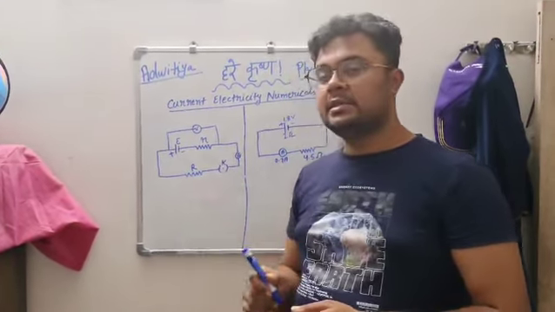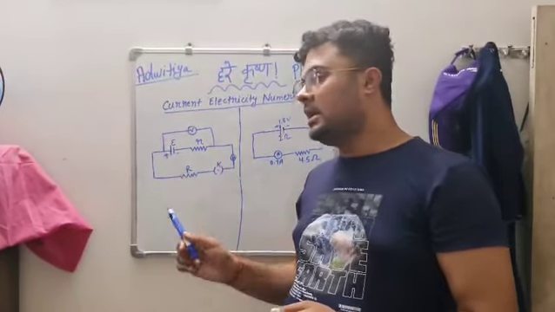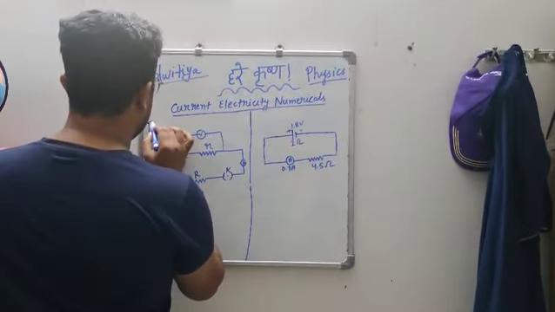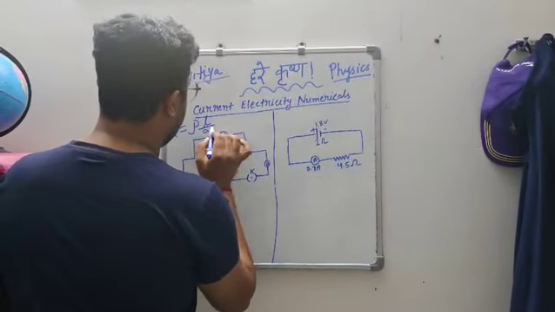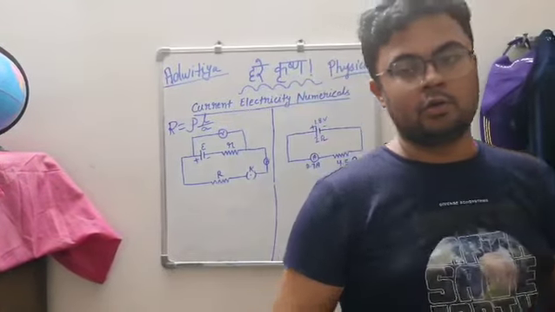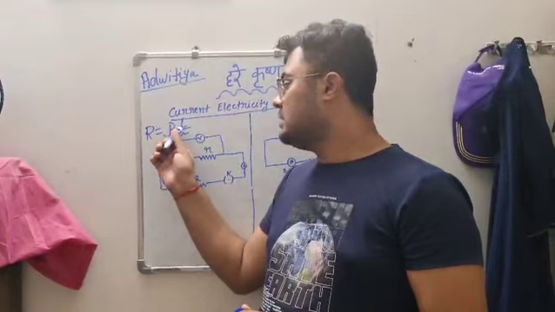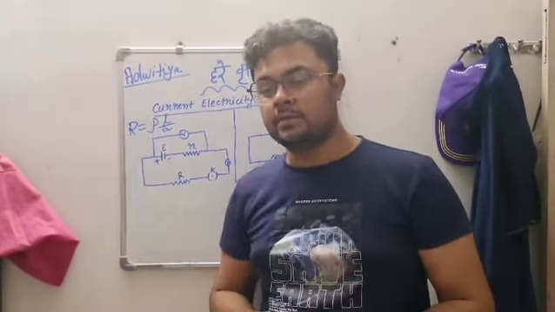Resistance opposes the flow of current. Resistance R can be written as R equals rho L by A, where rho is resistivity, L is the length of the conductor, and A is the area of cross section.